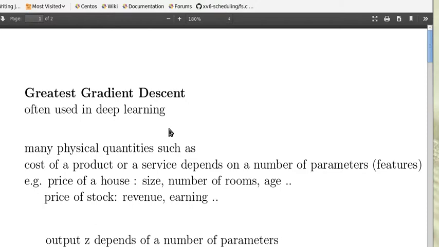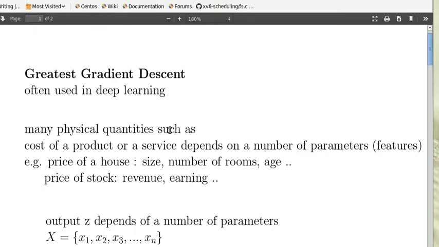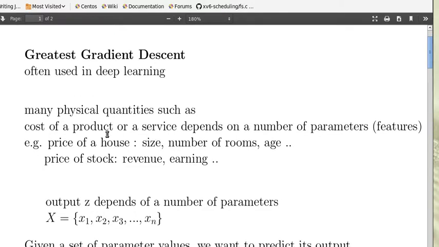In the real world, many physical quantities such as the cost of a product or service depend on a number of parameters or features.